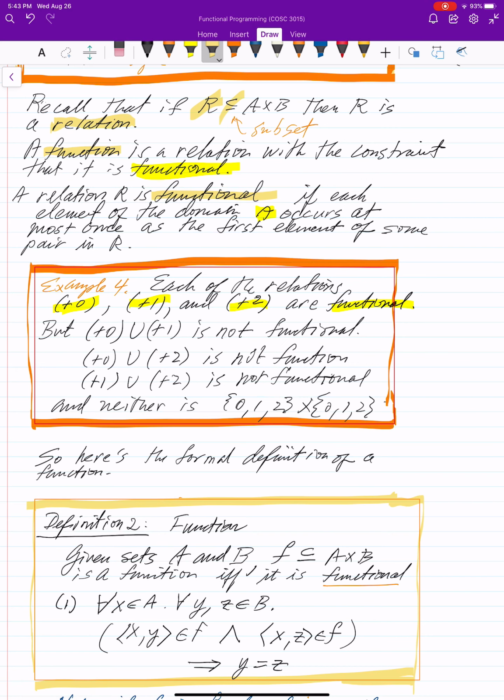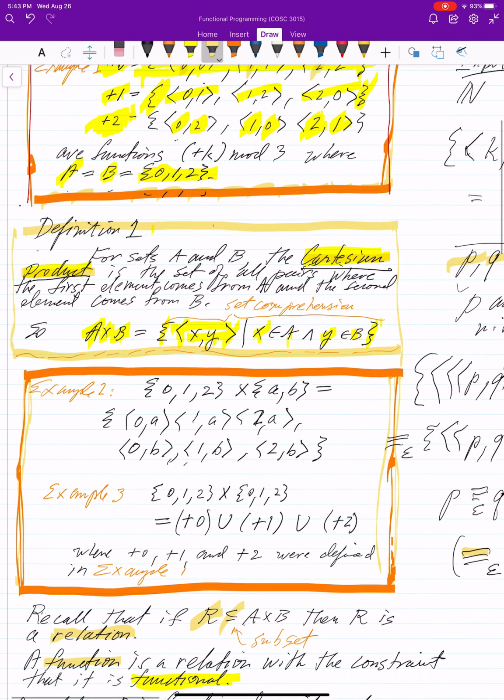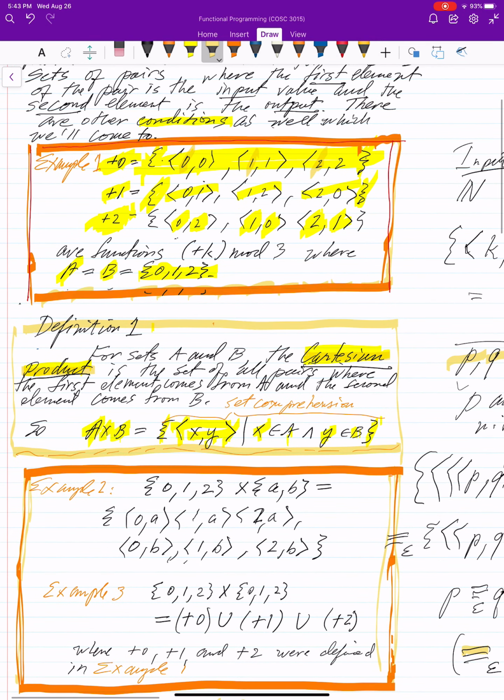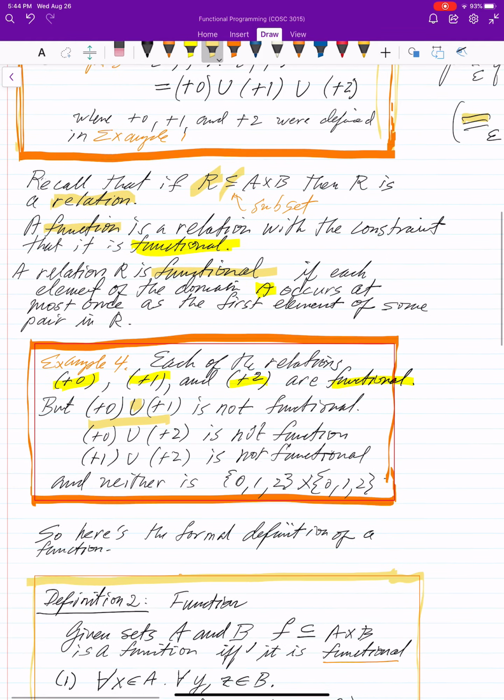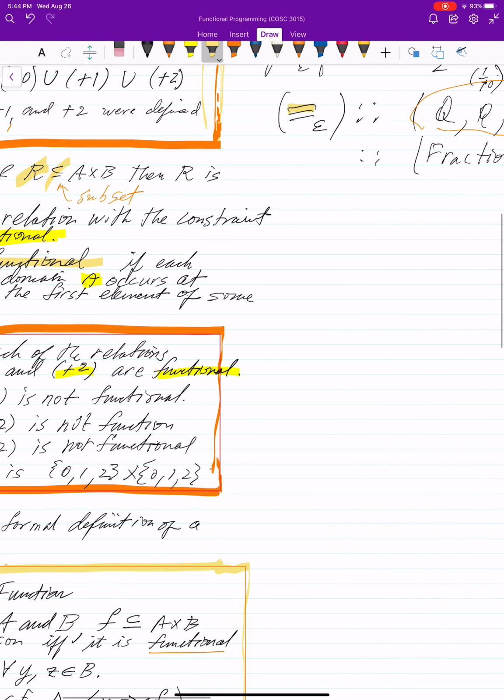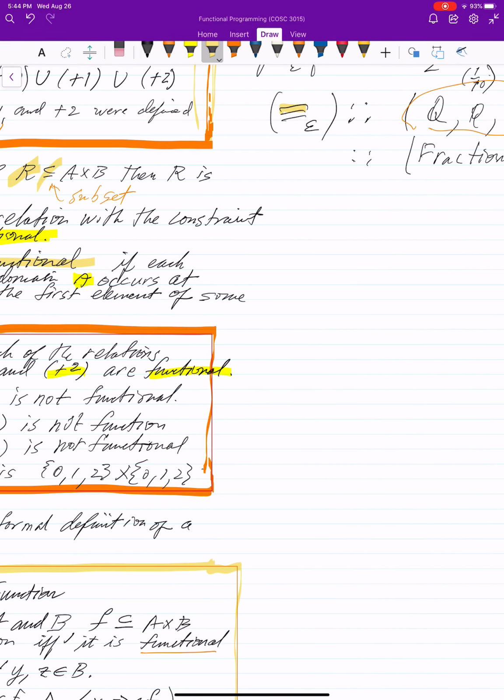But if we take the union of any 2 of these, we're not functional, because you're going to have a set that contains all those elements, and 0 is going to be paired with 0, but it's also paired with 1, and that's not functional.